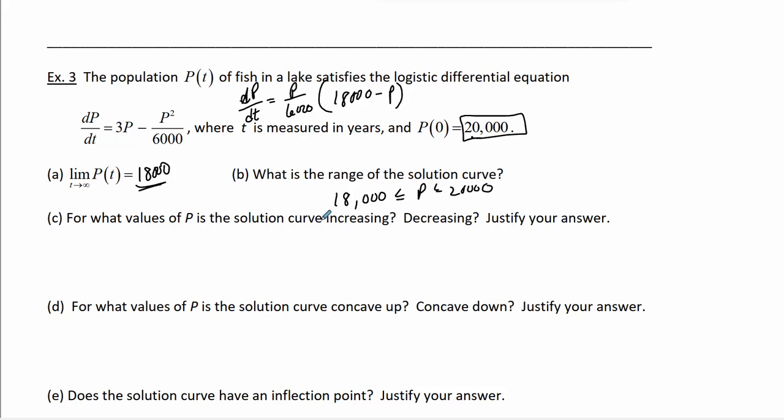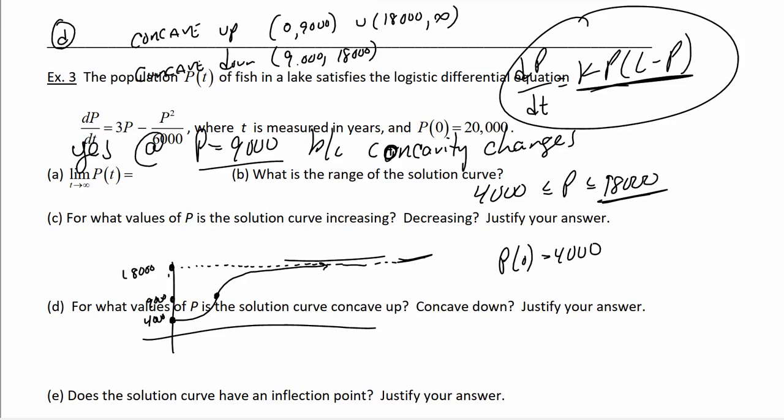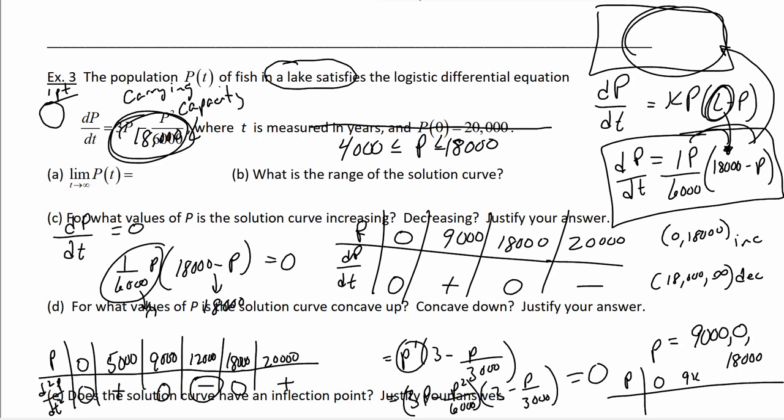What values of p is the solution curve increasing? Again, if I look back at my example type 1, we can see that after 18,000, it's actually negative.